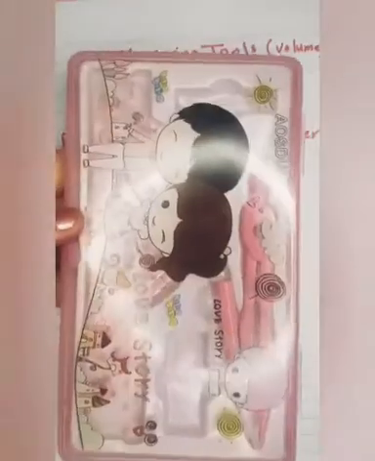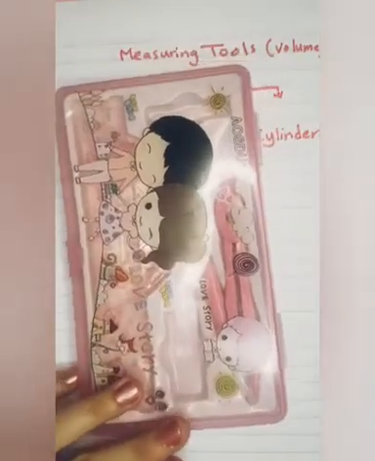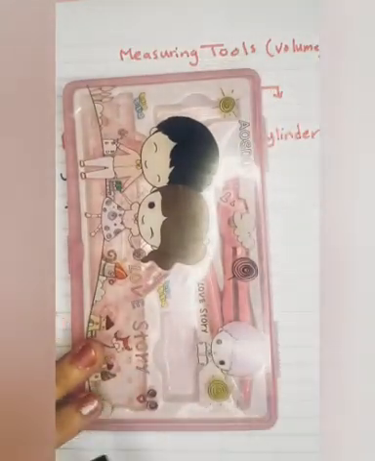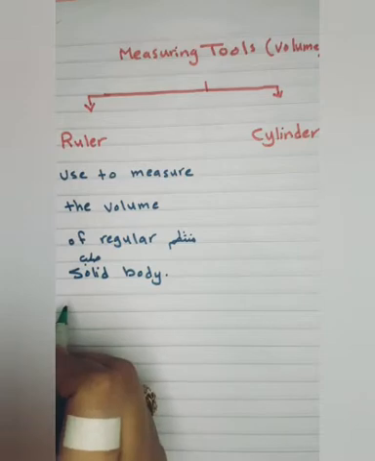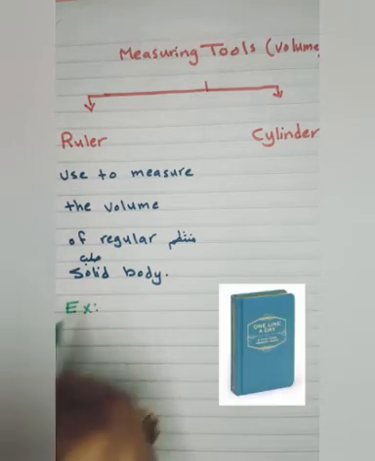Also this box is considered as a regular solid body. It has length, width, and height. So we use the ruler to measure the volume of a regular solid body. Regular solid body like what?